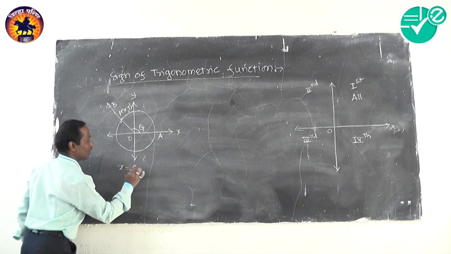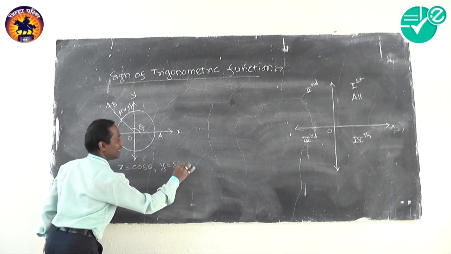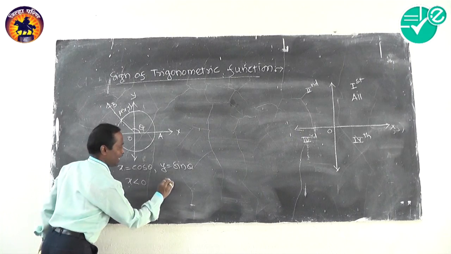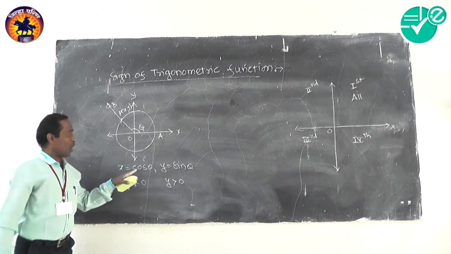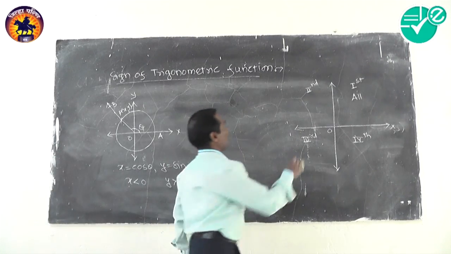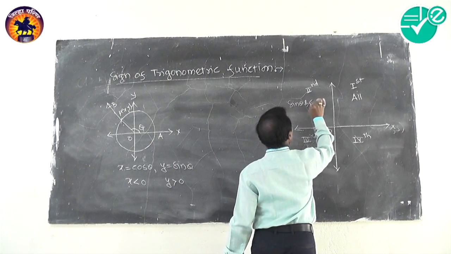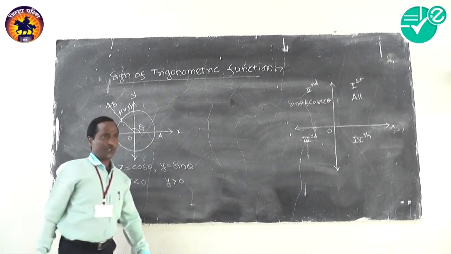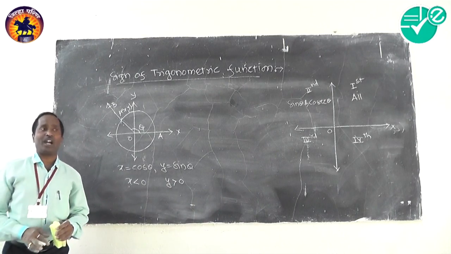X is equal to cos theta and y is equal to sin theta. X is negative, less than 0, and y is positive, greater than 0, so cos theta is negative and sin theta is positive. Sin theta and cosec theta are positive, and the rest of the trigonometric ratios are negative in the second quadrant.